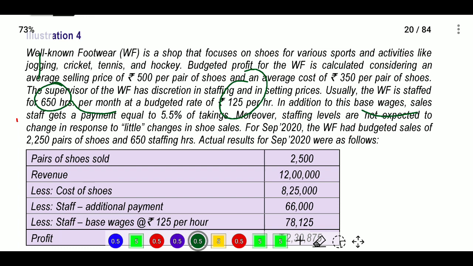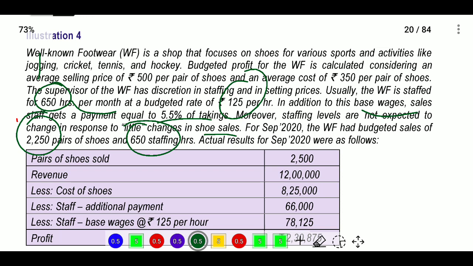Up to this we were provided, and now they are providing information related to wages. Staff get a payment equal to 5.5% of takings. Moreover, staffing levels are not expected to change in response to changes in shoe sales. For September 2020, the shop had budgeted sales of 2250 pairs of shoes and 650 staffing hours.